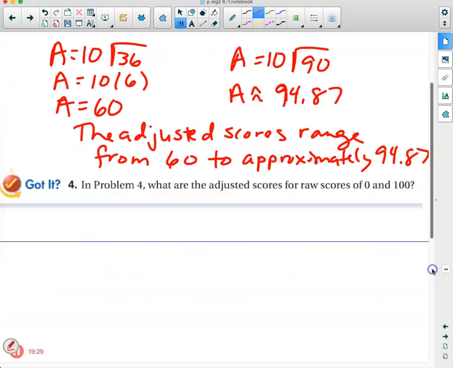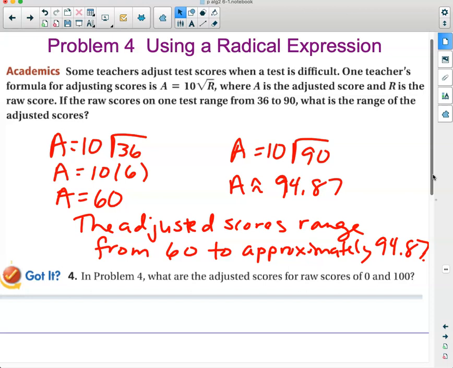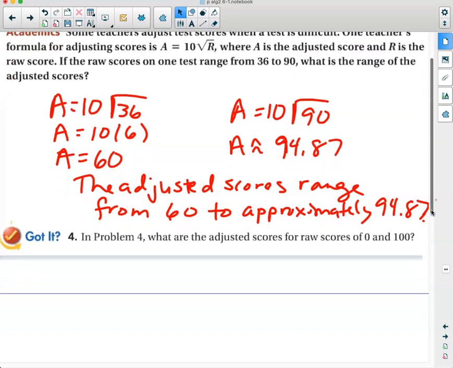Because I wanted to word it the way that they asked the question. So if we go back up to the problem, we see that their question was, what is the range of the adjusted scores? So the adjusted scores range from 60 to approximately 94.87. So if they give us raw scores, we put those numbers in for R. If they give us adjusted scores, we put those in for A.